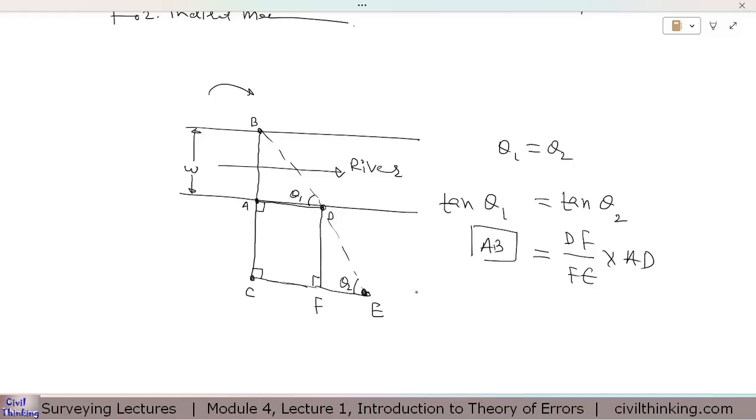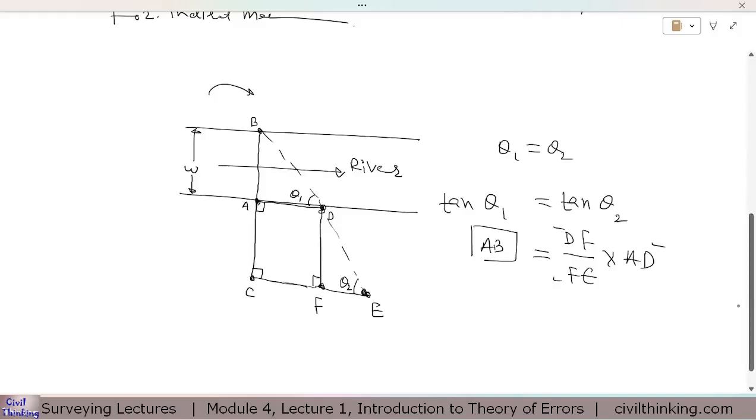Why? Because DF you can measure here using a chain or a tape, so you know DF. Now FE, again, you can very easily measure with a chain or a tape, because there is no obstruction. Similarly, you can measure AD using a chain or a tape or some other instrument.